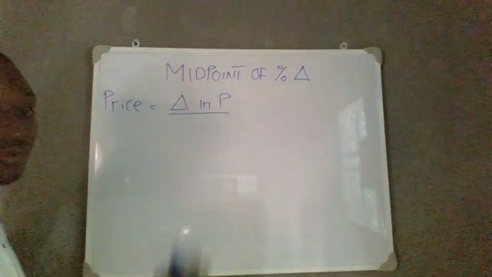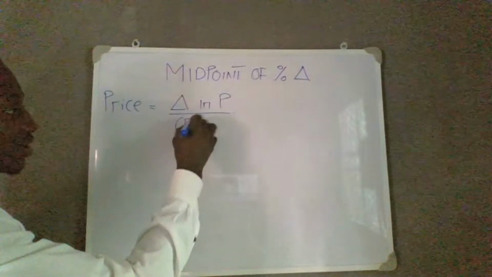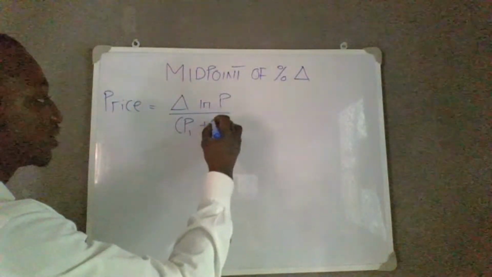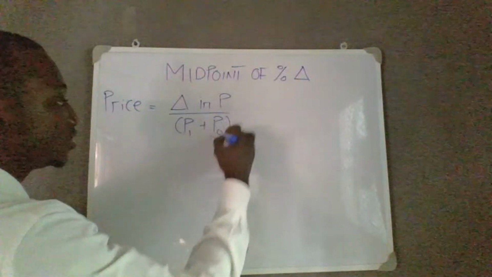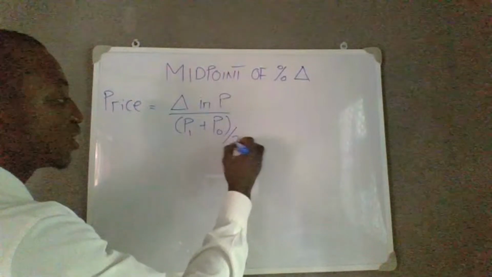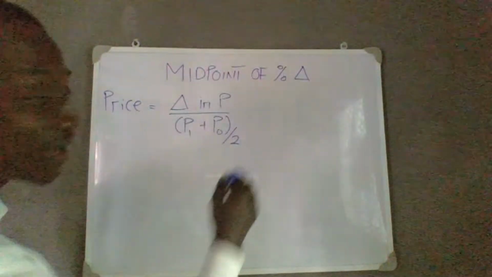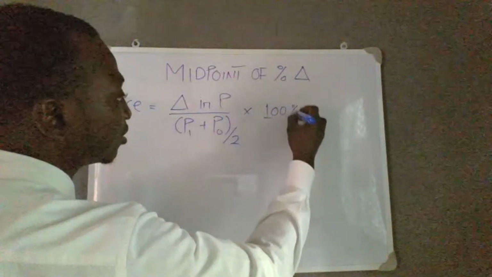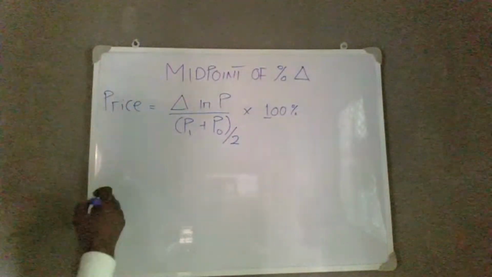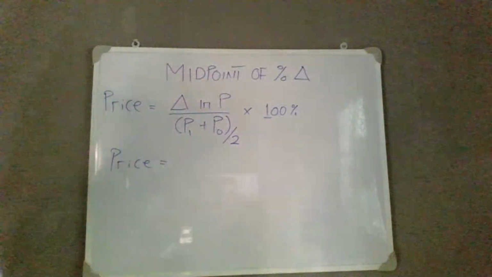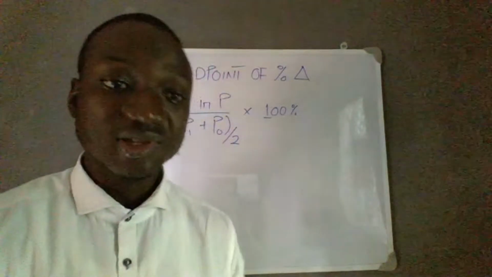Change in price all over bracket P1 plus P0. Let's not forget we said P1 is the new price and P0 is the initial price, meaning the old price, over 2 multiplied by 100%.